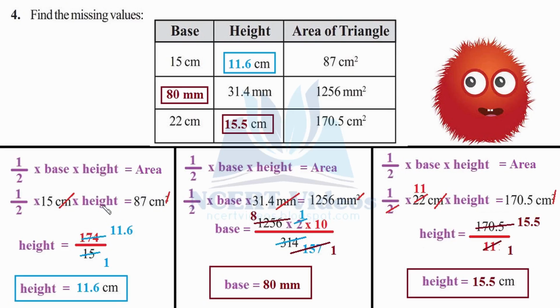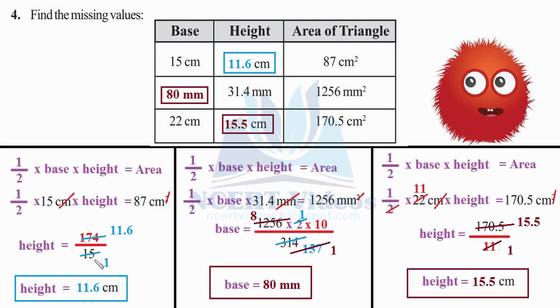Now height remains on this side, 87 divided by 15 goes there, and 2 is getting multiplied with 87. 2 is getting divided here, it will get multiplied when we take it to the right hand side. So 87 2s are 174, or you can multiply it directly here. 7 2s are 14, 1 is carry, 8 2s are 16, plus 1 is 17, divided by 15, because 15 is getting multiplied here, it will get divided. So let's try to divide it with 15 straight away.